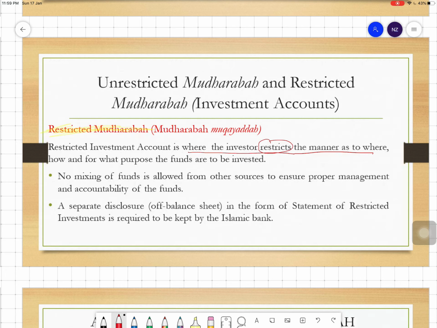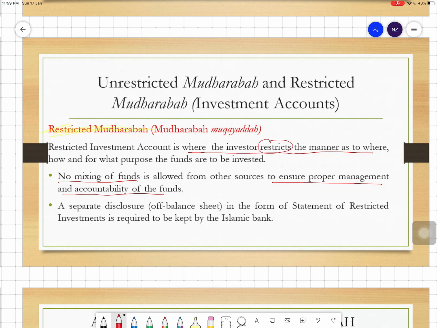But as for restricted mudharabah, dia kata no mixing of funds. So tak boleh dah combine, bank dah tak boleh combine all of the customers account into one, dah tak boleh. And then why dia kata no mixing of fund? To ensure proper management and accountability of the fund, one of the reason why, and one of the advantage of the restricted mudharabah juga.